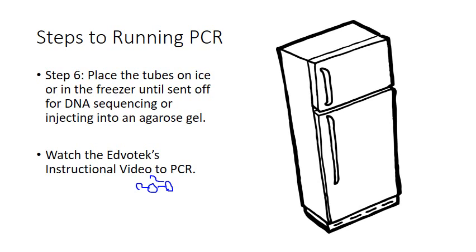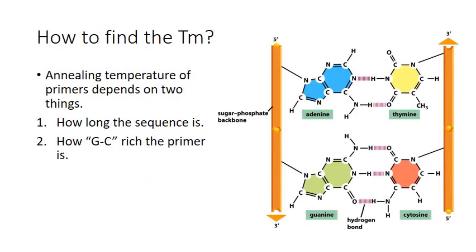Okay, so the next thing we need to accomplish: we talked about what it takes to run a PCR or a thermocycler, and what a thermocycler is. Now we need to talk about how you find this annealing temperature. Let's go back to what your DNA strand looks like here.